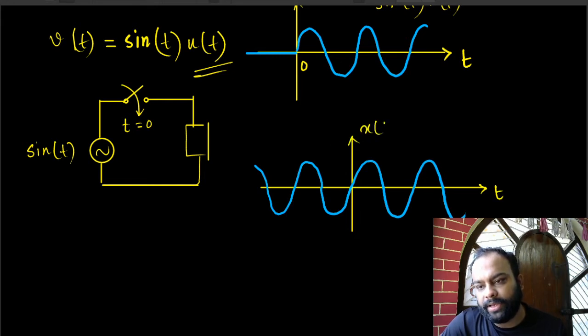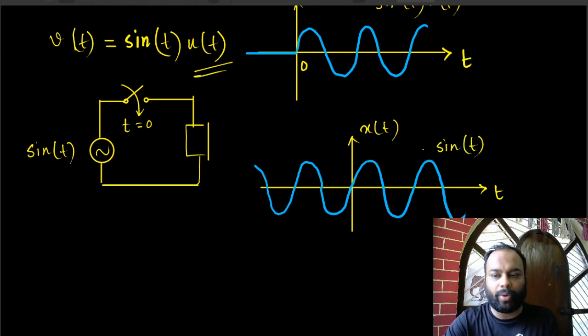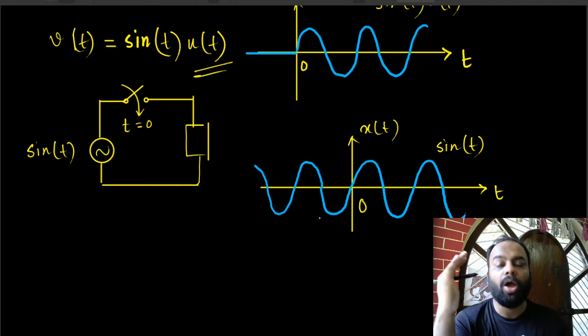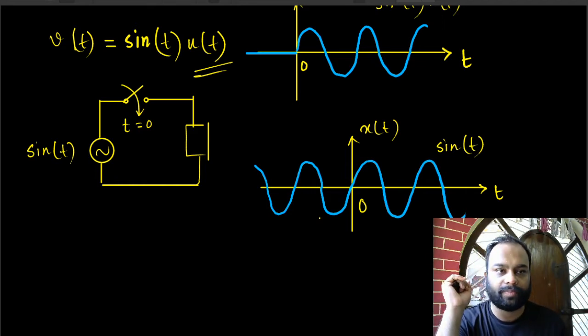So again, this is my new x(t). This is just sin t. My point is, try to understand, you are standing at t equal to 0, but from your perspective, when did this signal start? From your perspective, when did this signal start?